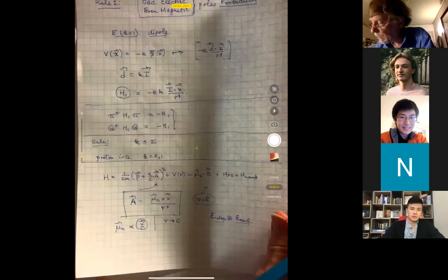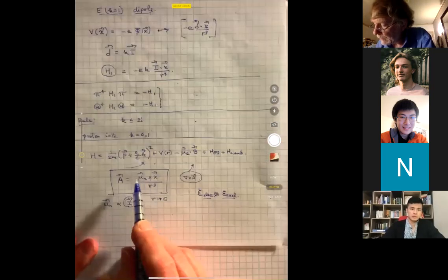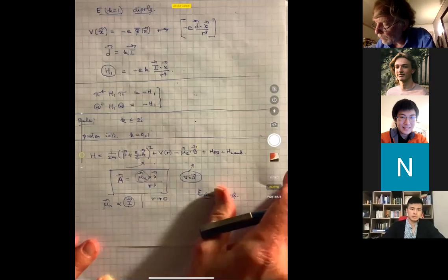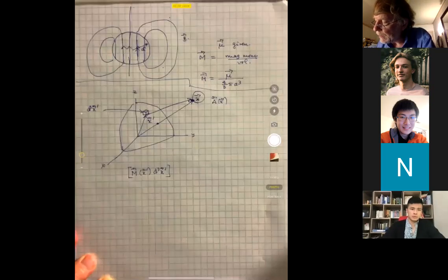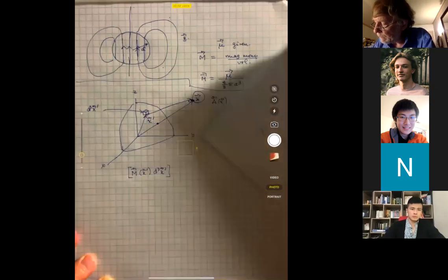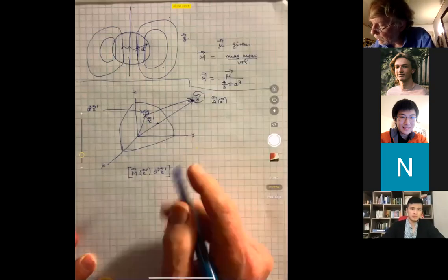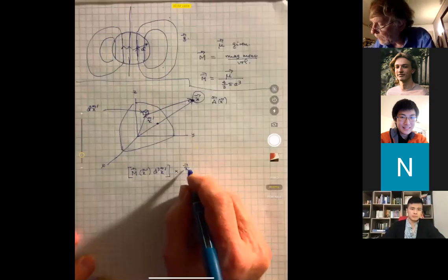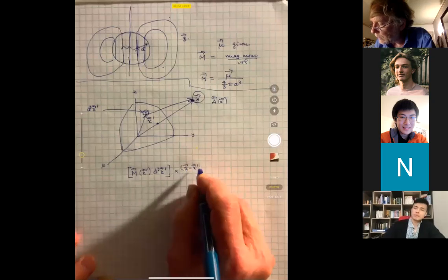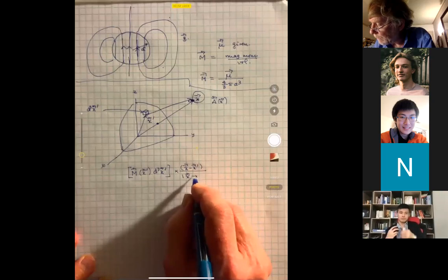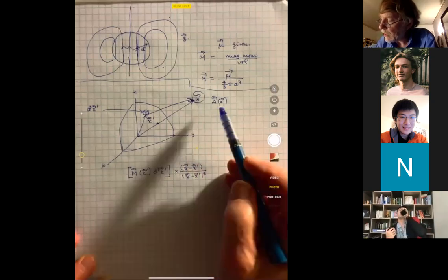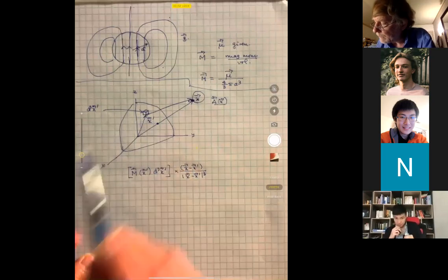Right here, a version of this formula, except for the mu, what we want to replace it by is the magnetization from the little element. And instead of the x, we want to replace it by the x minus x prime. So we take this and we cross it into x minus x prime, that vector, and then divide by x minus x prime cubed, like that.